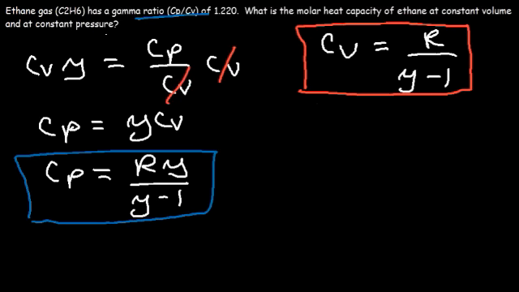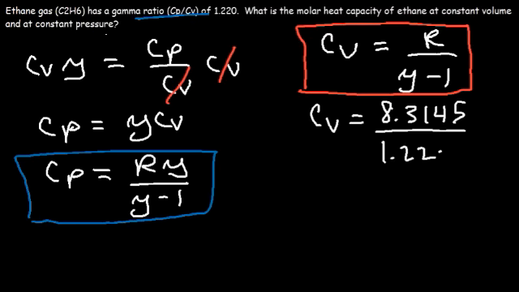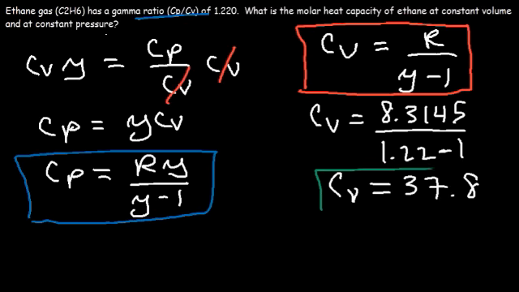So let's calculate Cv. That's going to be 8.3145 divided by 1.22 minus 1. 1.22 minus 1 is simply 0.22 on the bottom. So 8.3145 divided by 0.22 gives us a Cv value of 37.8. So that's the first answer.